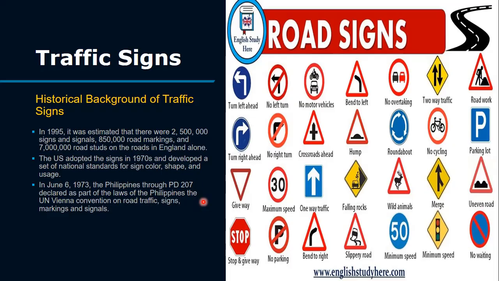So the participating countries to this convention have agreed to accept the system of traffic road signs, signals, and symbols and road markings described in said convention, and to adopt the same to facilitate international road traffic and to increase road safety.